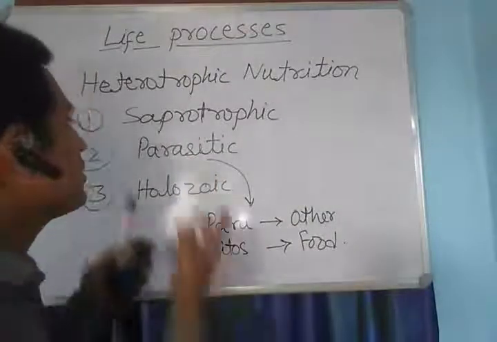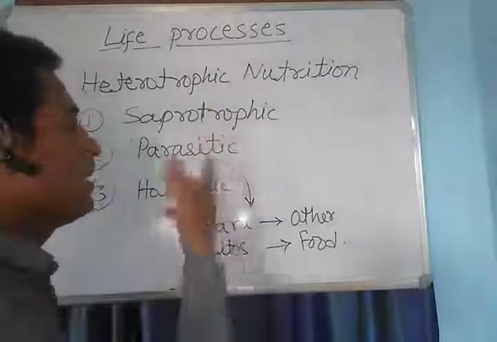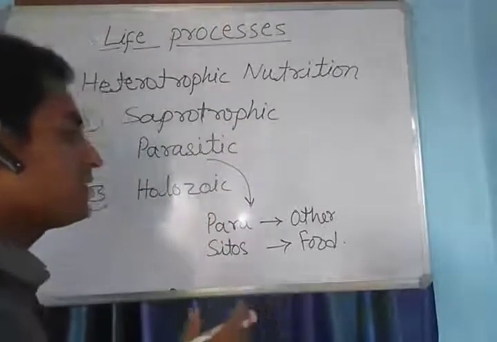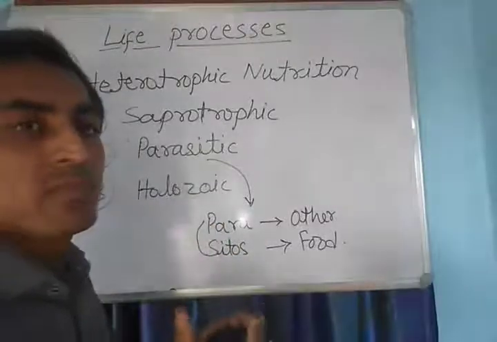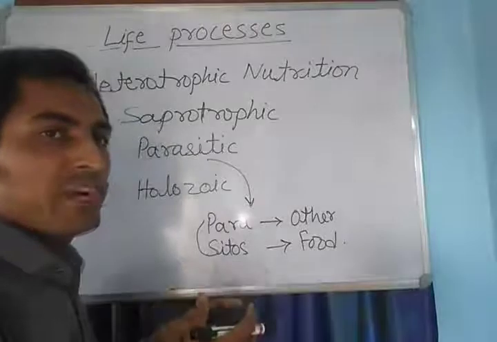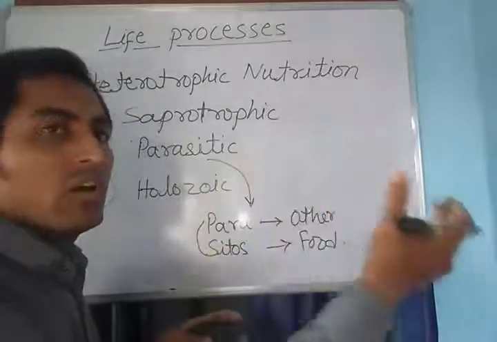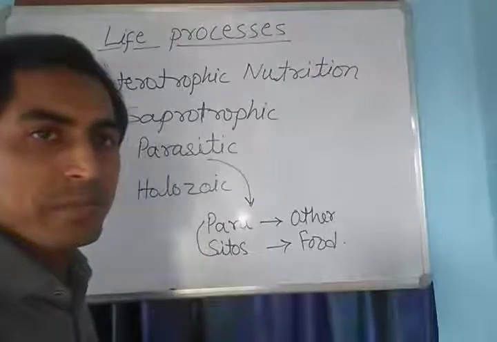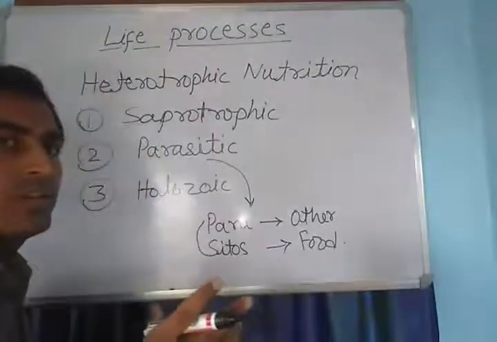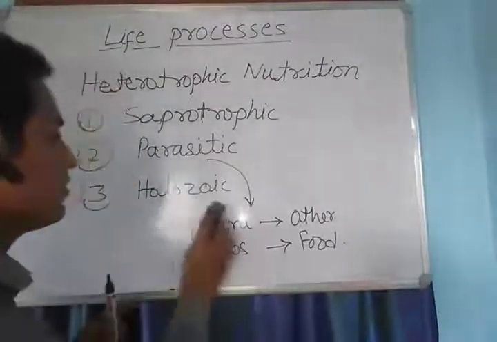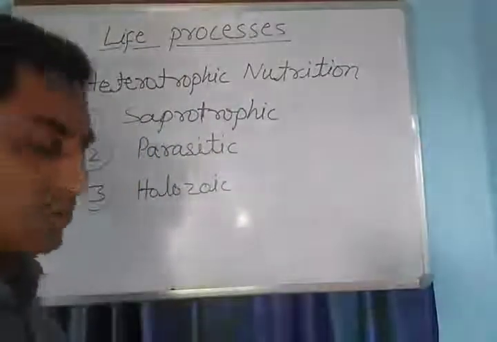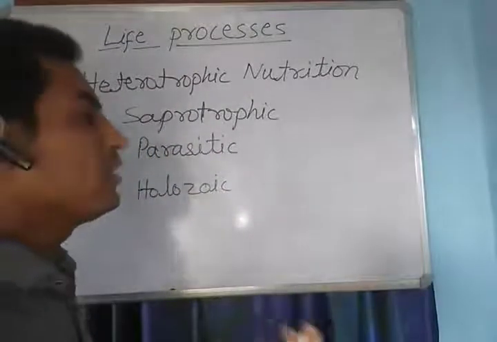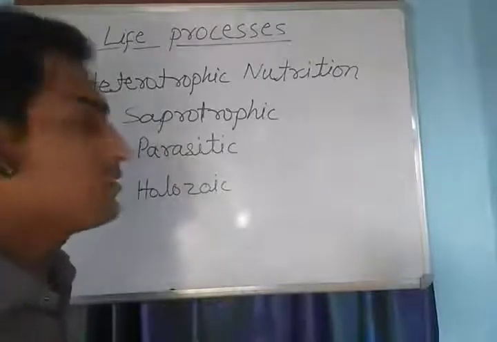So what is the difference between saprotrophic and parasitic? Of course, there is a difference: in this mode, an organism of one species depends on an organism of a different species for its food and sometimes shelter. Parasites sometimes cause disease and are known as pathogens.